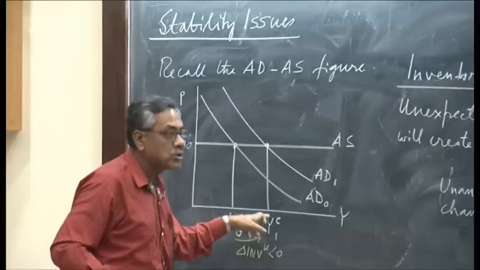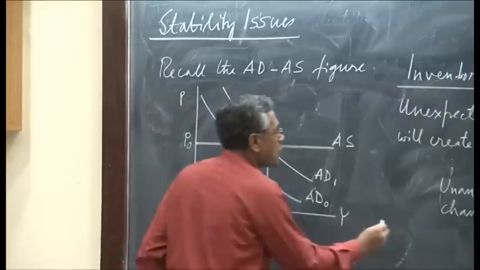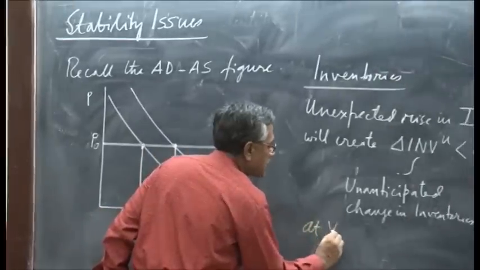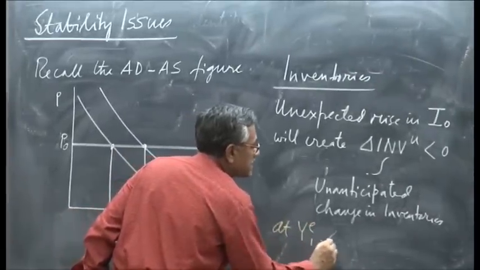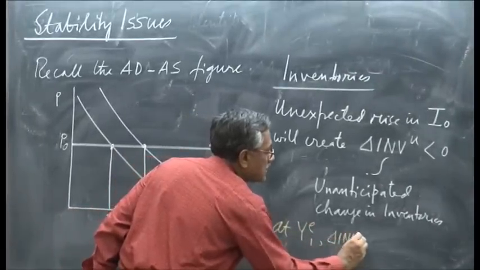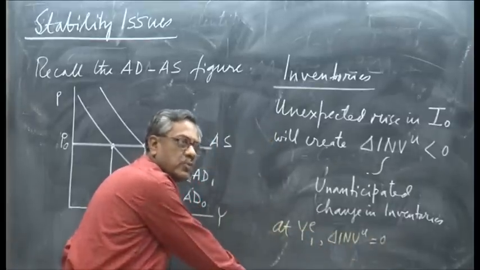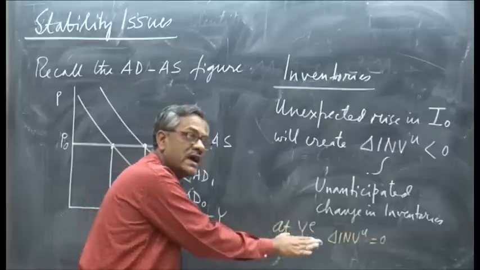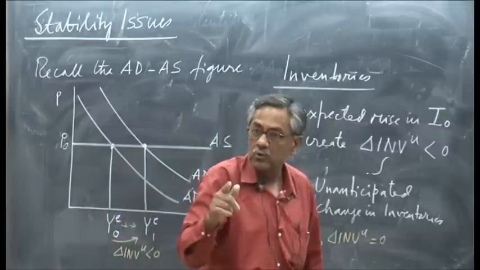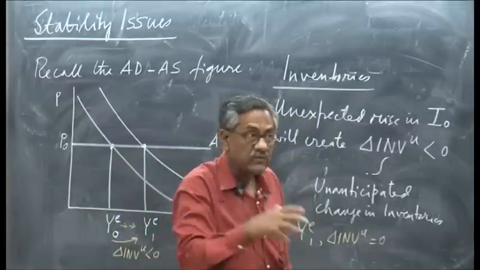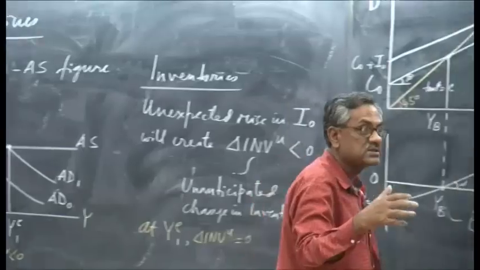So when you reach the new equilibrium level at YE1, delta INVU will again become 0. There is no change because it has reached equilibrium. Until it reaches that, delta INVU will be negative. The inventory stocks will be depleted to meet the extra demand.